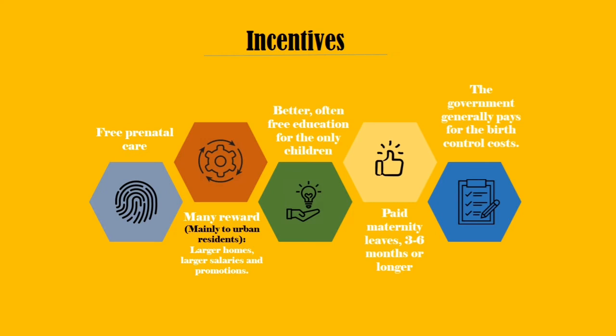They also receive better or often free education for the only child they have. They have paid maternity leave of 3 to 6 months or sometimes longer. And of course, the government generally pays for the birth control cost.